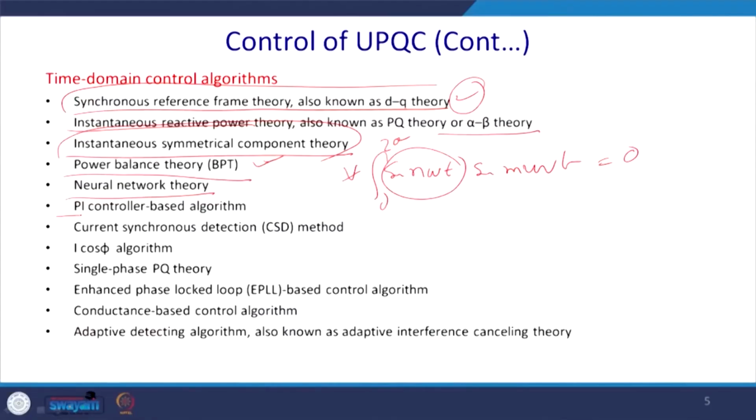Similarly, there is a PI based control algorithm. I am going back to the whiteboard. What happens here? Generally you have two VSCs, VSC 1 and VSC 2. This is generally the shunt part and this one is the series part.